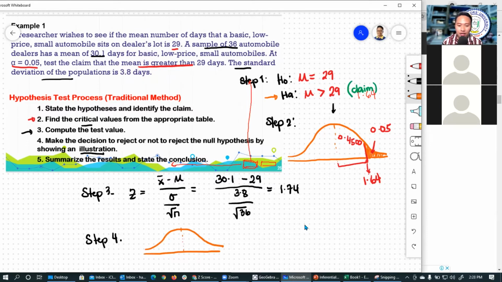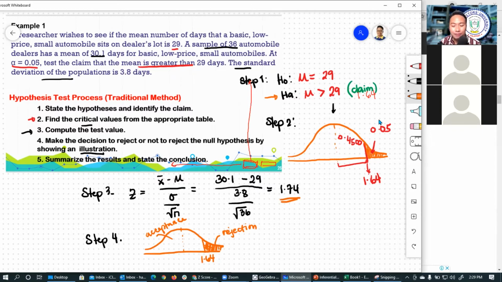And here, this is 1.64. And this is the shaded region. Remember, the shaded region is the rejection area. So that's the rejection area. And then the unshaded part, that's the acceptance region. Now, looking at step 3, the value that we have solved for step 3, guys, is 1.74.